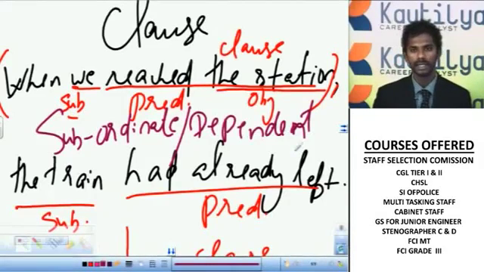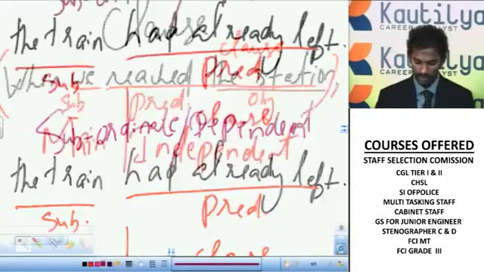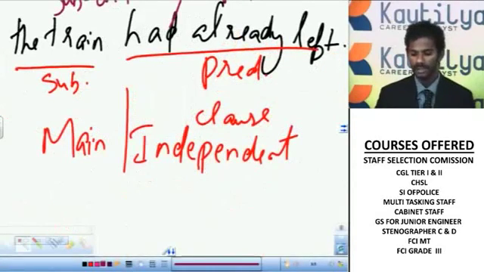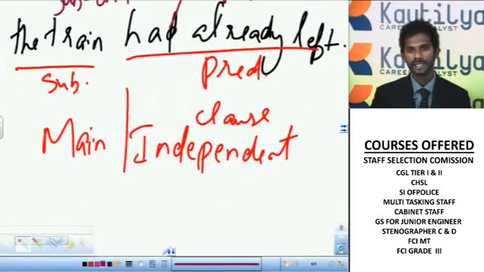Now I told you a clause may make a complete sense or an incomplete sense, but a sentence always makes a complete sense. Clear? Fine. Come to the second one now. The train had already left. If I say the train had already left, is the meaning complete or incomplete? Does it make a complete sense or an incomplete sense? It makes a complete meaning.